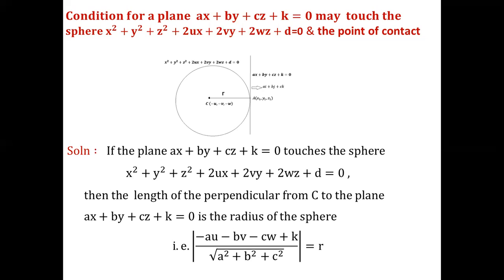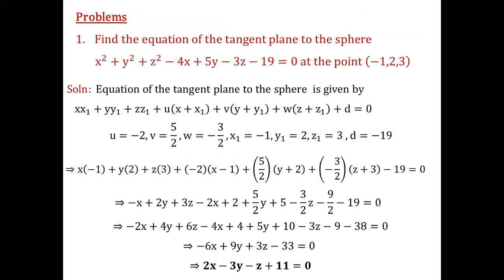So the required condition is modulus of (minus au minus bv minus cw plus k) divided by root of a square plus b square plus c square equal to r. This is the required condition for the plane to touch the sphere.